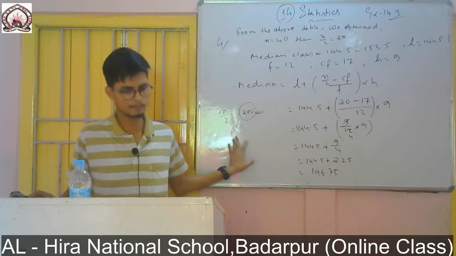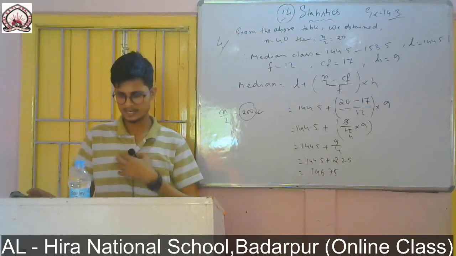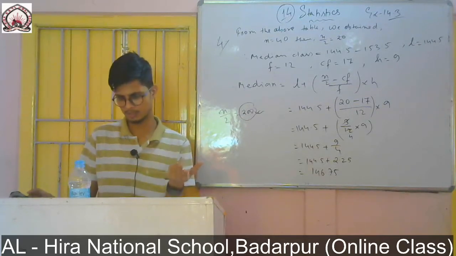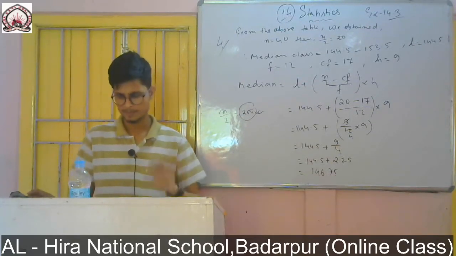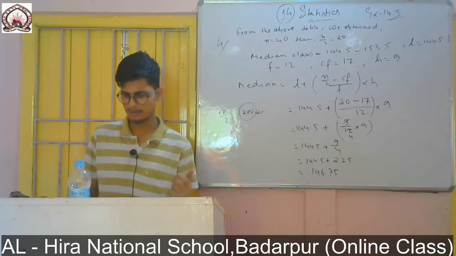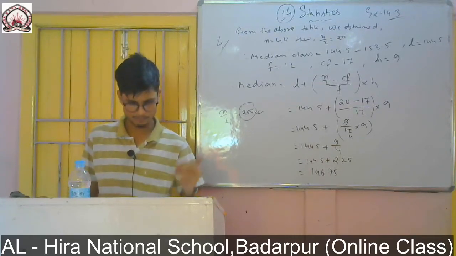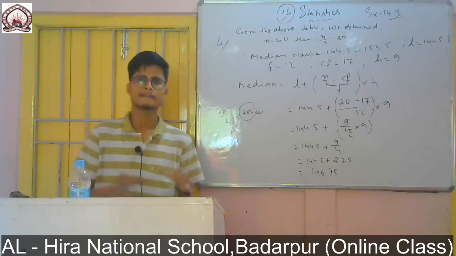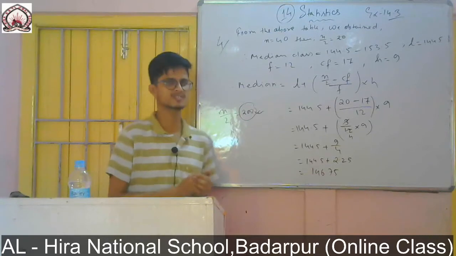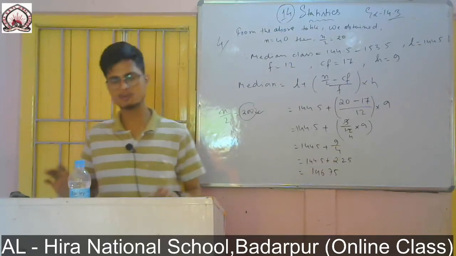Then you find the median class, from there it may be 25 to 30 or 30 to 35 like this. From there it will be one, and then you find the lower limit, then the cumulative frequency, then the height, then you put these in the formula, median equals L plus (n by 2 minus CF) by F into H, and then you will get the answer.